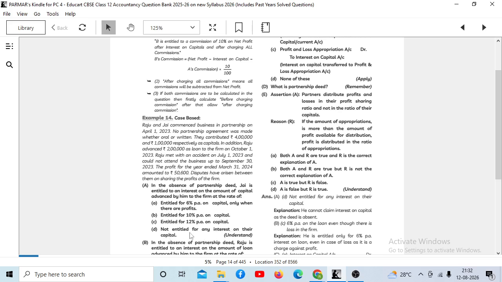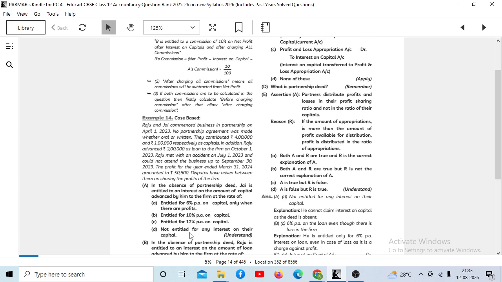Now out of these four, you all tell me what is the correct answer. Is it option D, not entitled to any interest on their capital? What about Fiza?